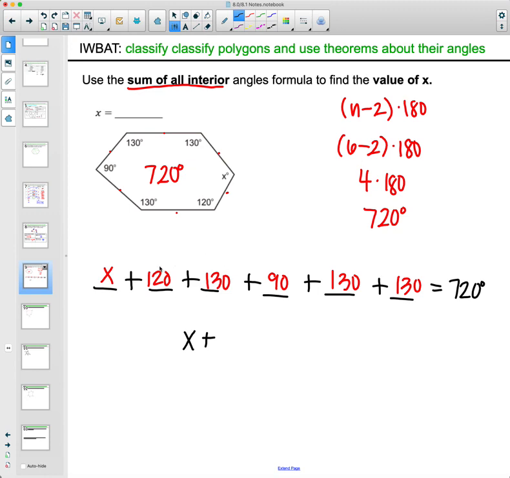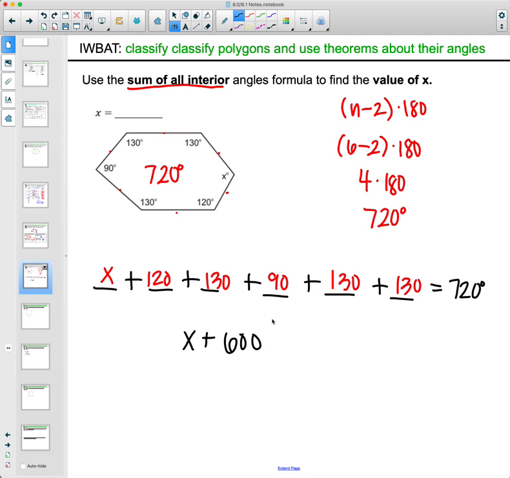So combine your like terms. So we're going to add all of these numbers together here. So we have what? 1, 2, 3, 400, 420, 450, 60, 70, 80, 90, 510, no, 500, 510, 600. Let me make sure.